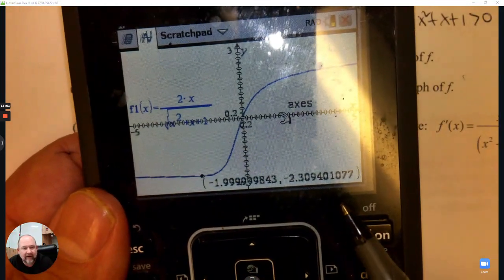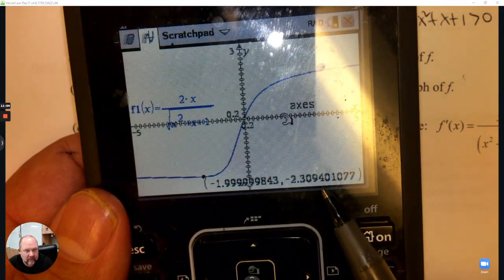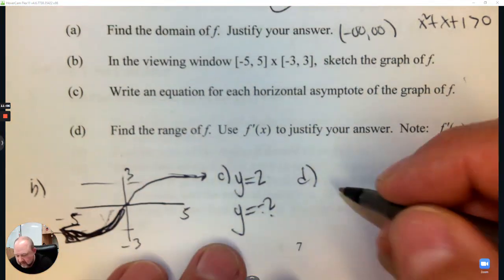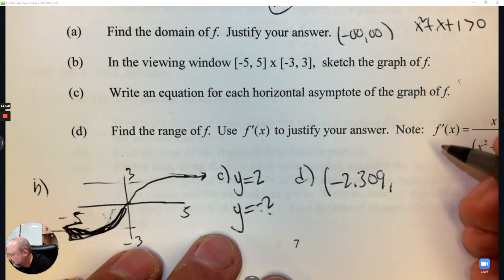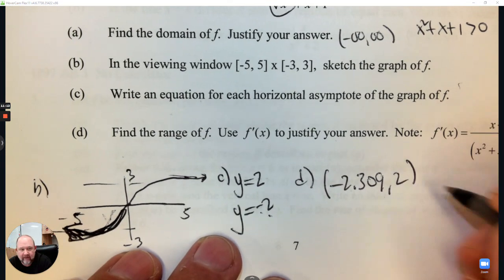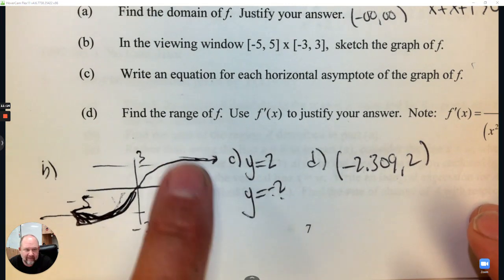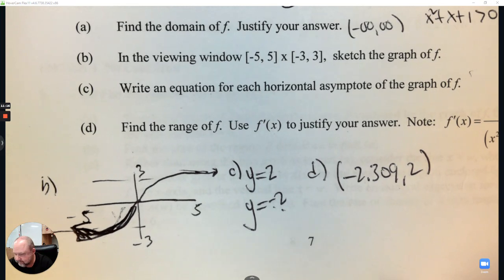And see that y value, -2.309. That's the other side of it. So -2.309 and then 2 on the other side. So it goes low and then to high. It's kind of an awkward question. All right, turn the page.